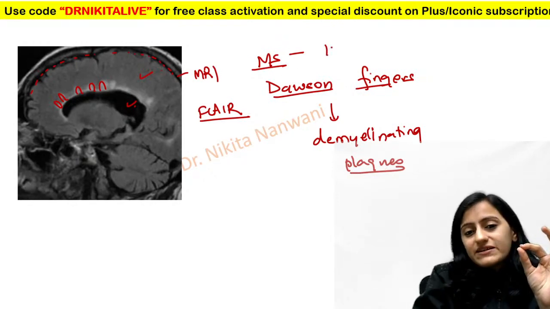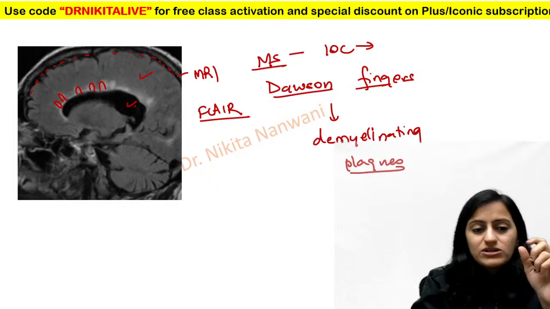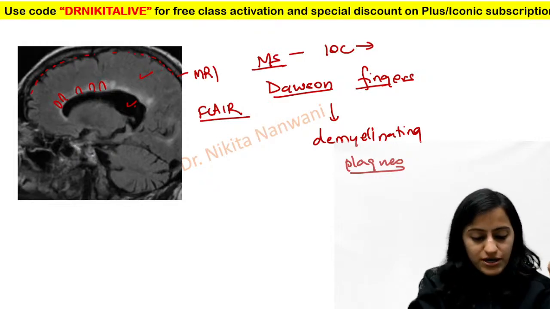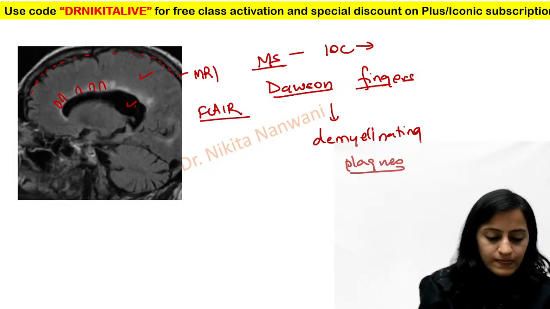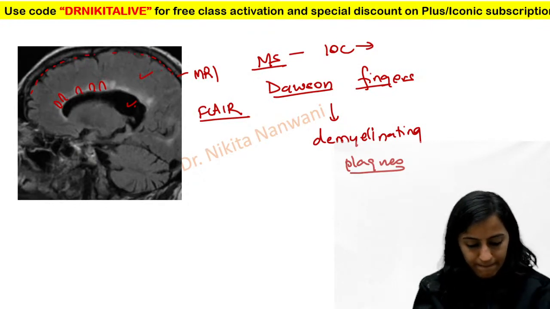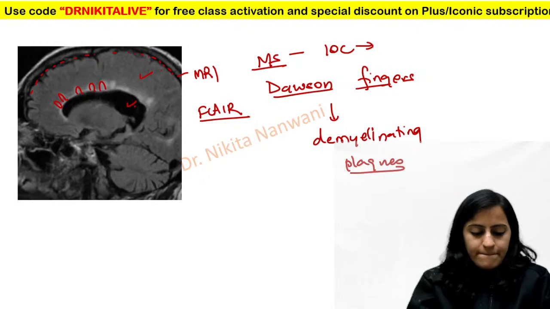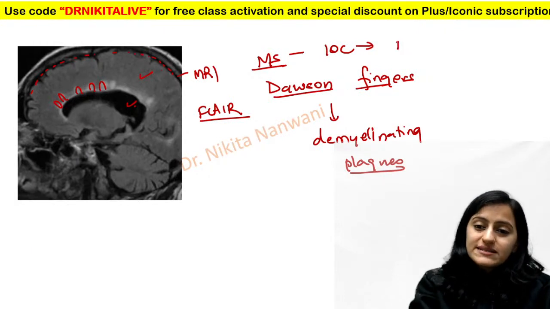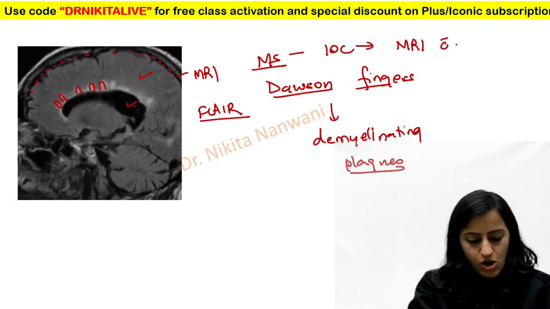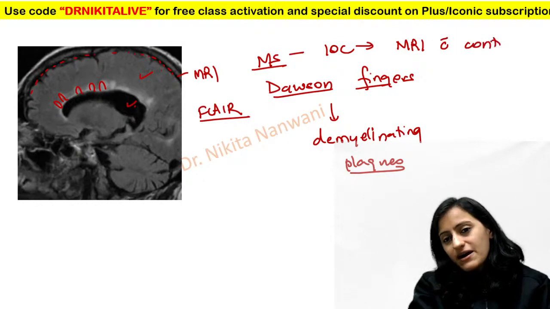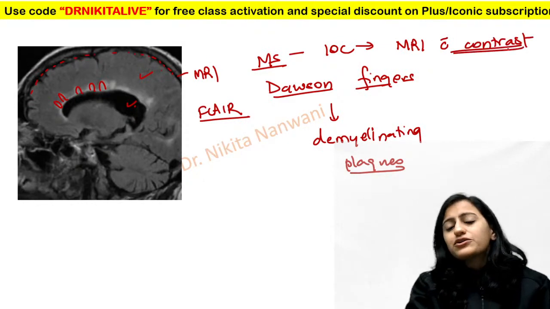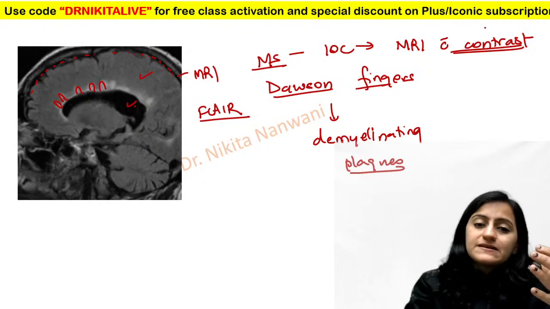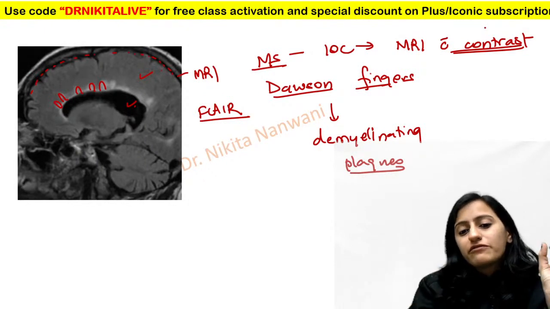And what is the investigation of choice for multiple sclerosis? CT or MR, non-contrast or contrast? The investigation of choice is MRI with contrast. Okay, remember it is MRI with contrast. Why do you want to do it with contrast? So that you can look at the enhancement of the plaques.